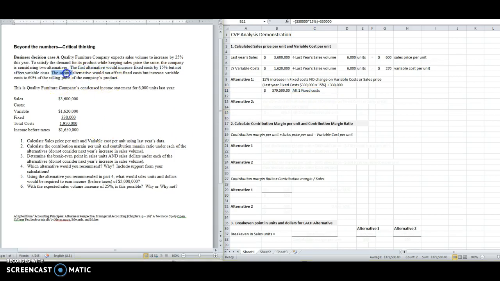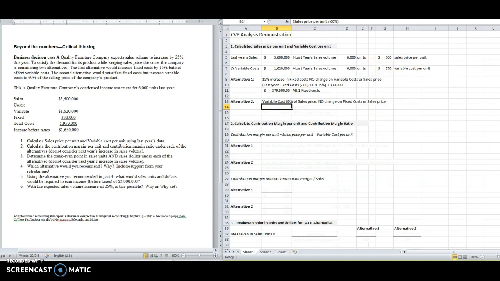The second alternative, it says, would not affect fixed costs. So there's no change in fixed costs, so we're going to use the original amount of $330,000. But it would increase variable costs to 60% of the selling price. So what is that telling us? That means the variable cost is 60% of the sales price, and there is no change to the fixed cost or the sales price.